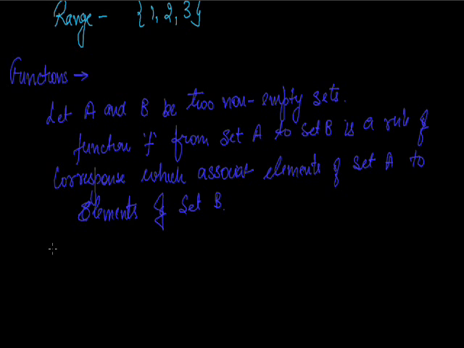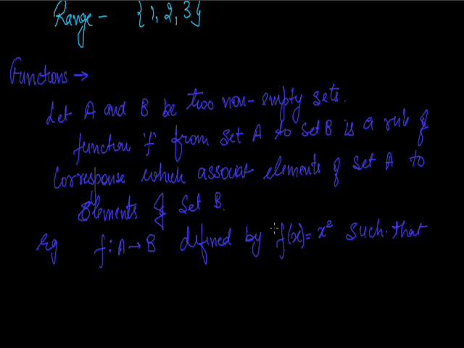The element of the first set will be associated with a unique element of set B. For example, function is from A to B and defined by f(x) will be equal to x square. So it is a function such that f is equal to (minus 1, 1), (0, 0), and (1, 1).